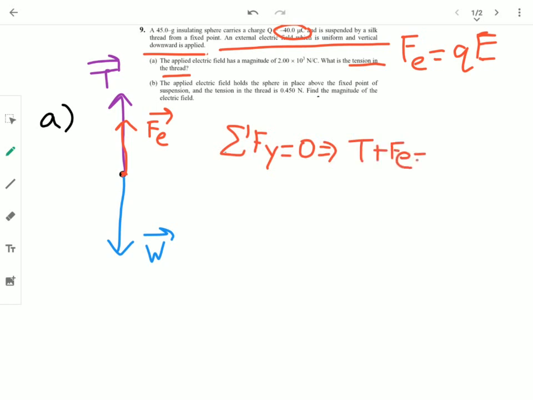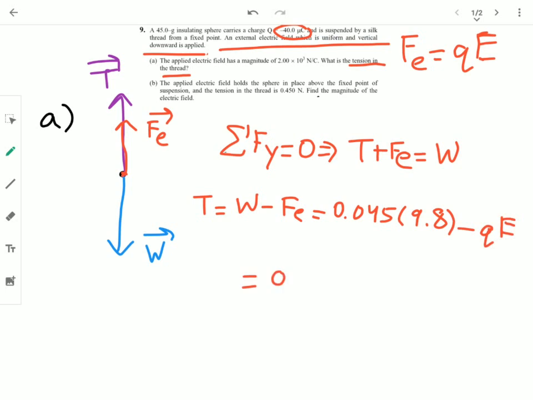So tension equals the weight minus the electric force, which is 0.045 times 9.8, because we always use 9.8 in questions where they don't give gravity equals 10, minus Q times E, which is 0.045 times 9.8 minus the charge, which is minus 40 times 10 to the power of minus 6.